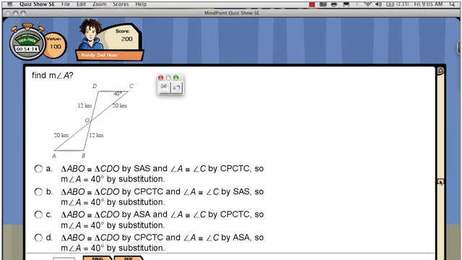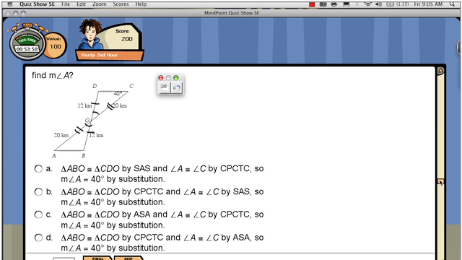So the first thing we have is, I think it's C, we have those two sides. We have these two sides. What else can we show congruent about the two triangles? DOC and AOD. Okay, vertical angle theorem.